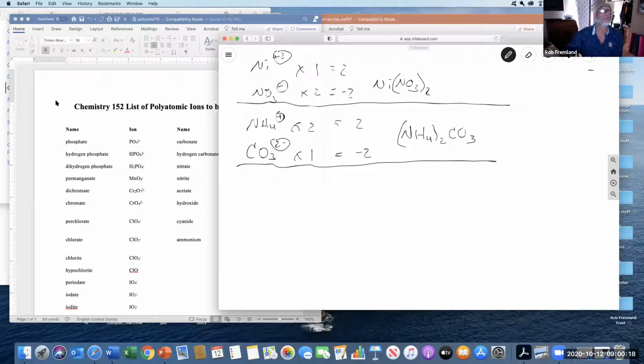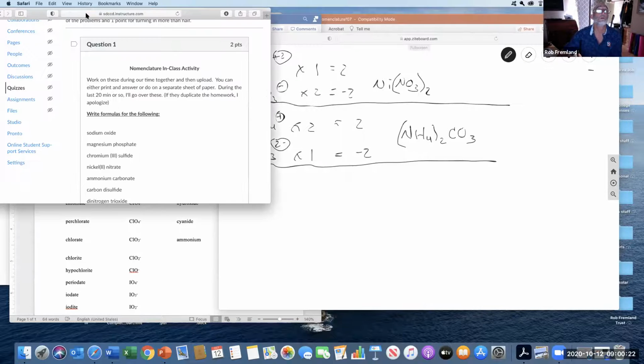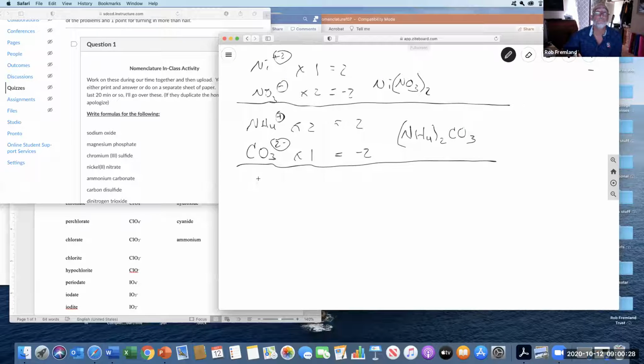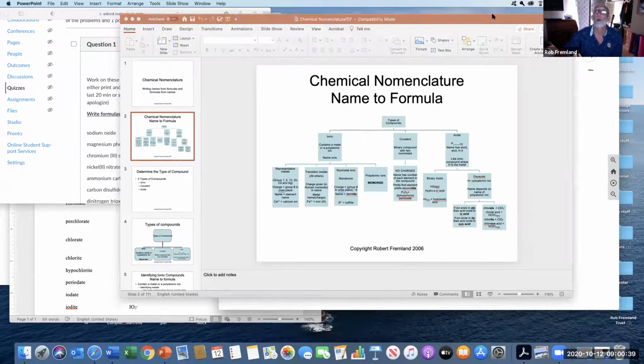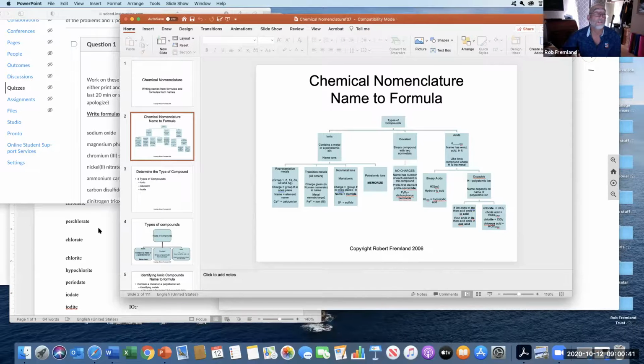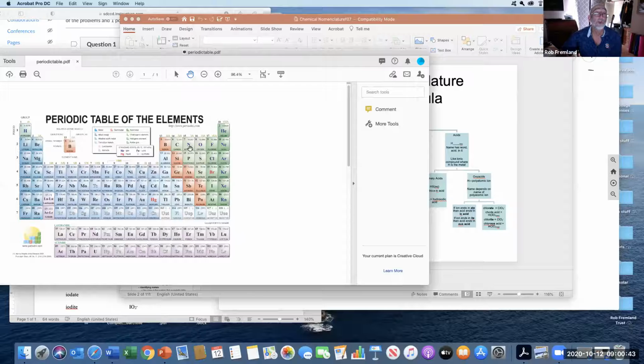All right, the next one is carbon disulfide. Carbon and sulfur are both nonmetals, CS.